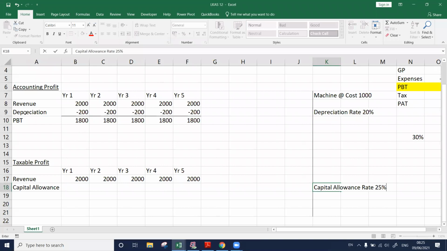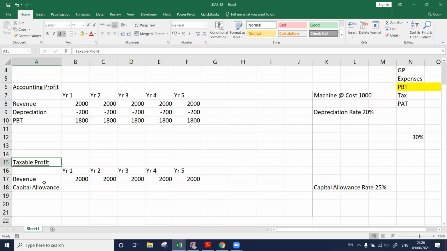In accounting, the depreciation rate is up to the management. Management can decide whether we can use this machine for another 10 years or only 5 more years. But in tax, when computing taxable profit, there are predetermined rates given by the taxation authorities. The Inland Revenue Department says for a machine the rate you can give is this much, for furniture and fittings this much, for a building this much.